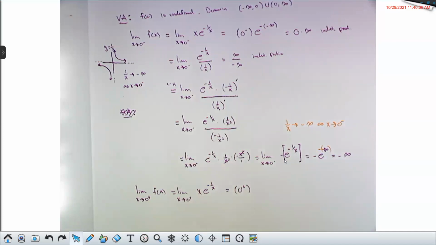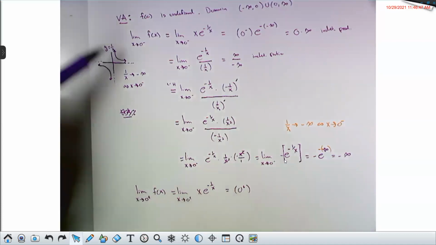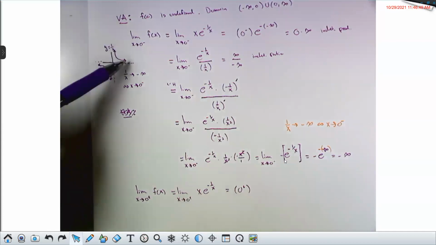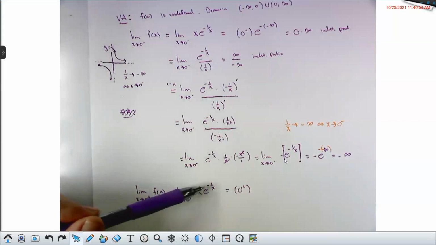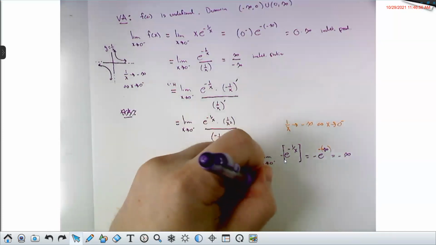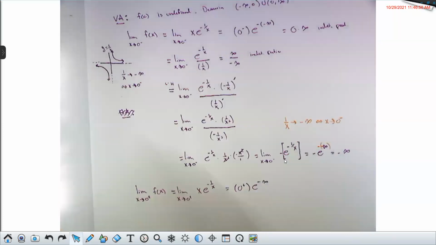All right. So coming back, the limit as x goes to 0 plus: the x piece here is 0 plus. 1 over x, as x goes to 0 plus, is going to positive infinity. So negative 1 over x is going to negative infinity. So this is e to the negative infinity.